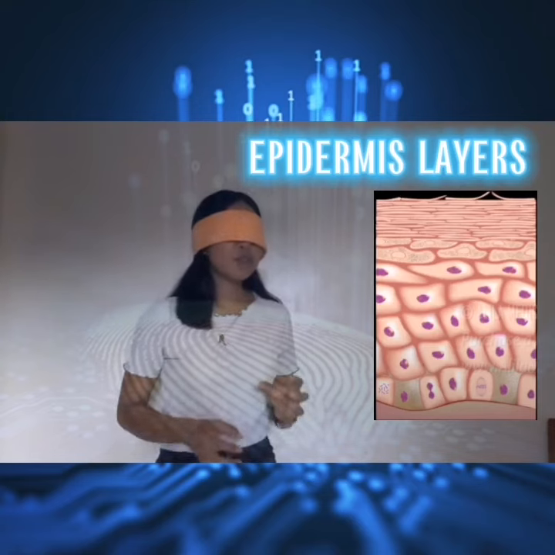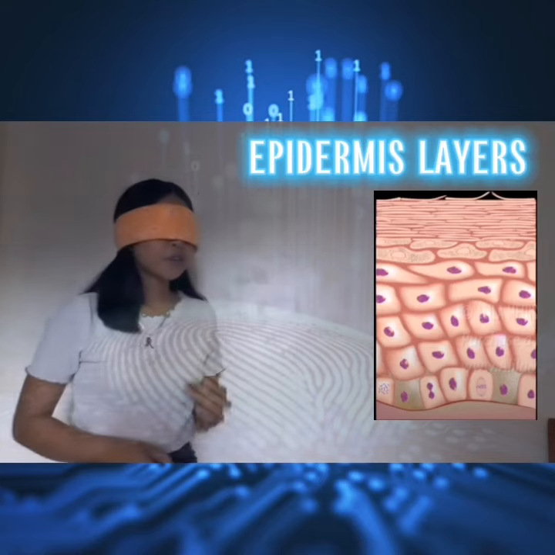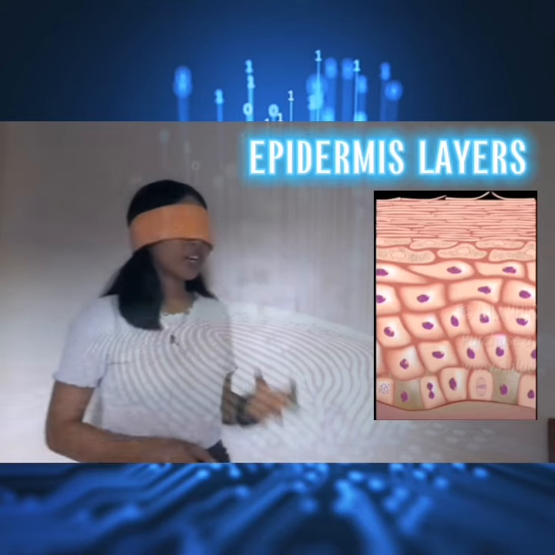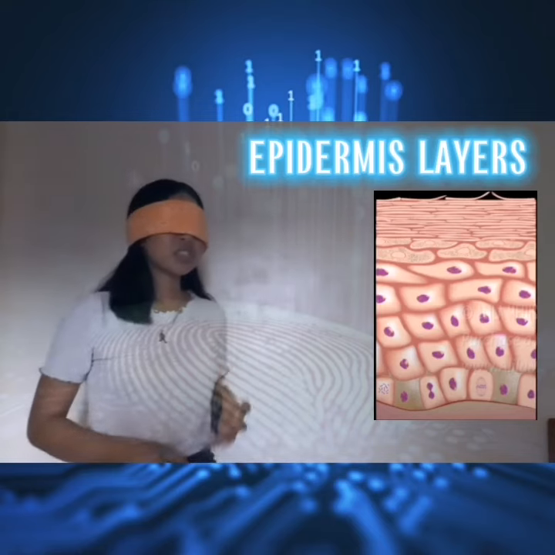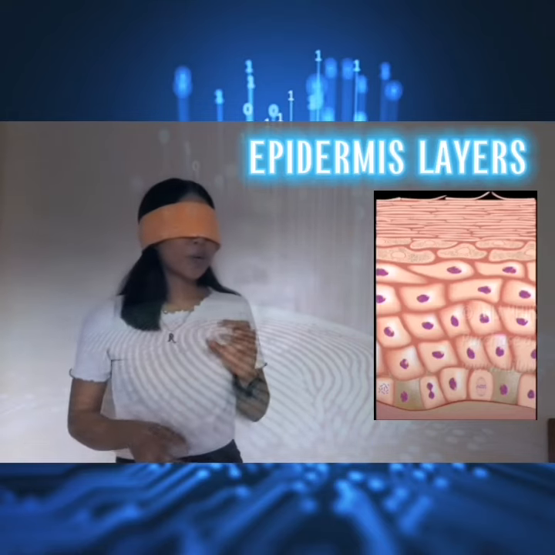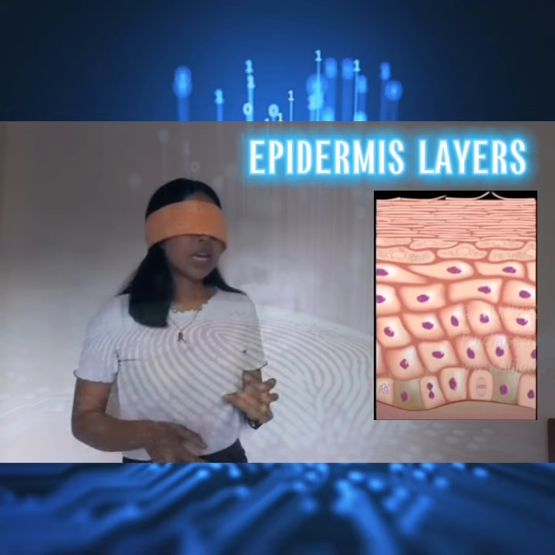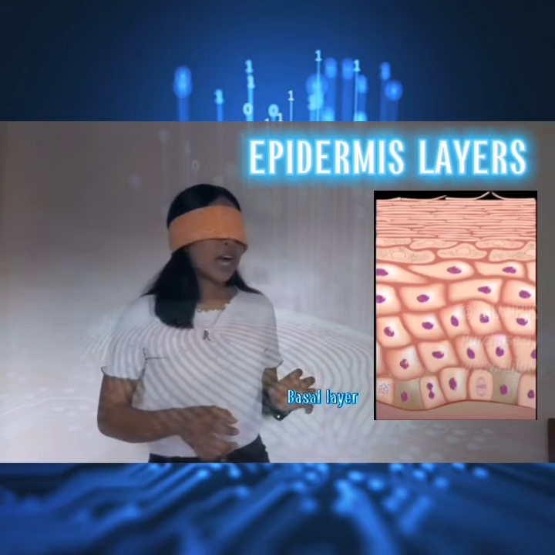The most numerous cells of the epidermis are keratin-producing cells, or keratinocytes, wherein these cells are constantly produced by mitotic cell division in the stratum basale.